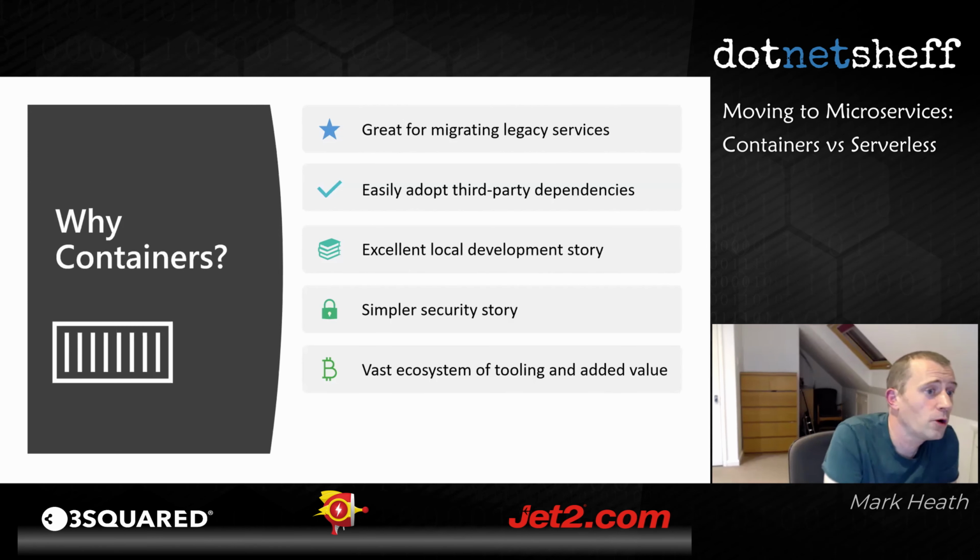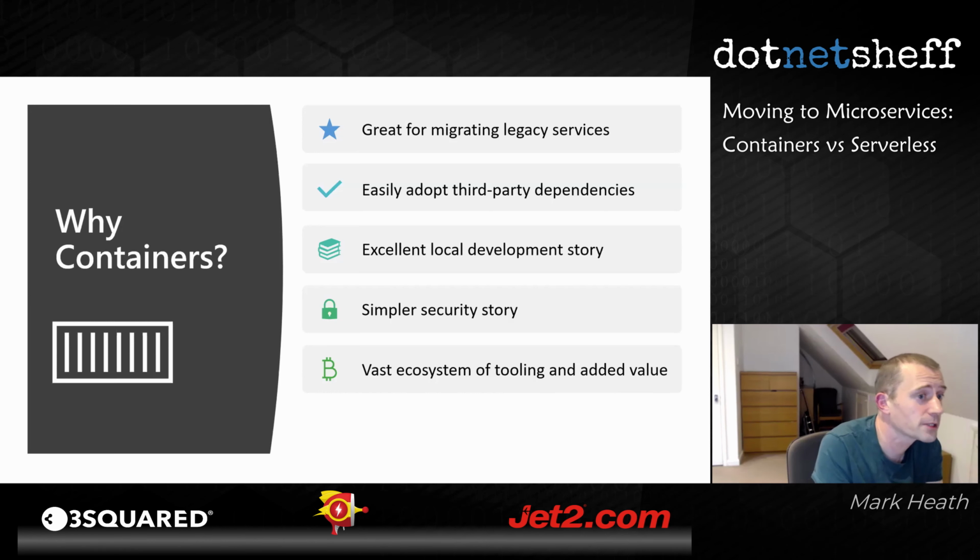One really great thing about buying into not only the Docker ecosystem, but Kubernetes as a platform for running your microservices, is that over the last several years there's just been so much innovation in that space, so much added value and extra tools. Some of you may have come across service meshes, which you can install onto Kubernetes to add extra capabilities and powerful features to your containerized microservice applications.